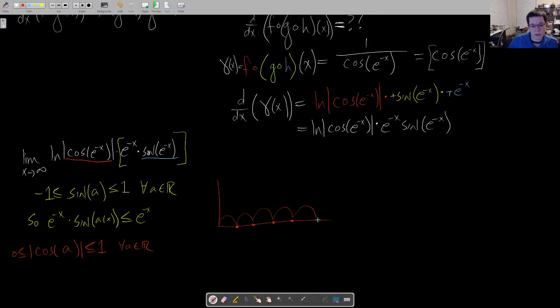So we're technically breaking some rules here by trying to take the limit as it goes to infinity of a discontinuous function, which is not allowed, technically speaking. But we're going to do it anyway, because we kind of can.